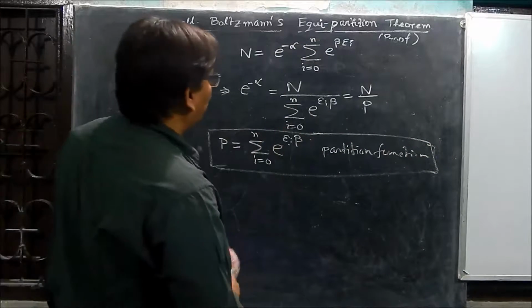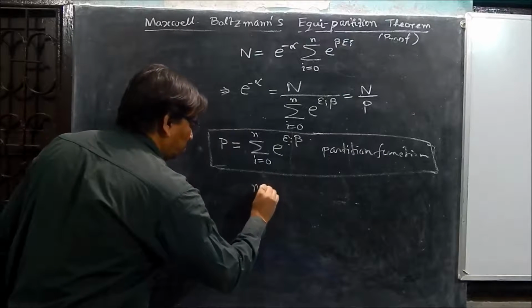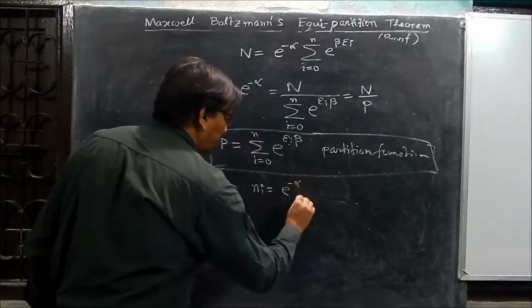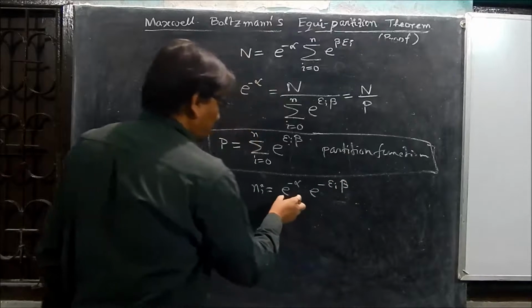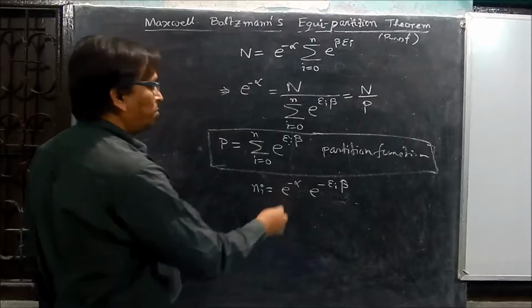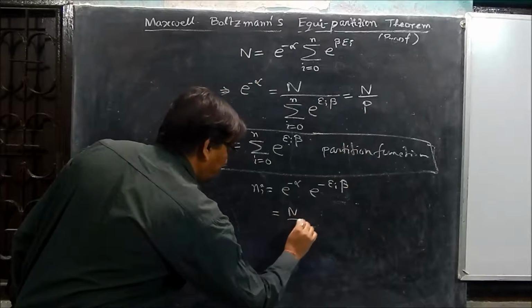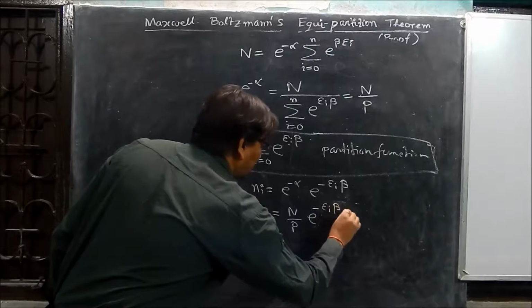So he wrote that our actual ni, the formula was ni equal to e to the power minus alpha and e to the power minus epsilon i into beta. We write this e to the power minus alpha as n by p, so ni can be written as n by p and e to the power minus epsilon i beta.